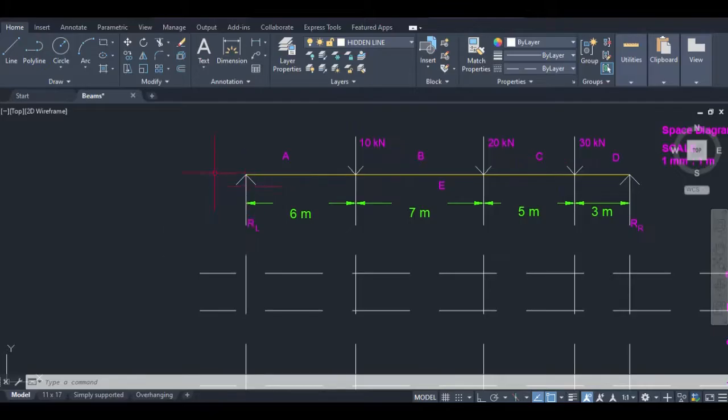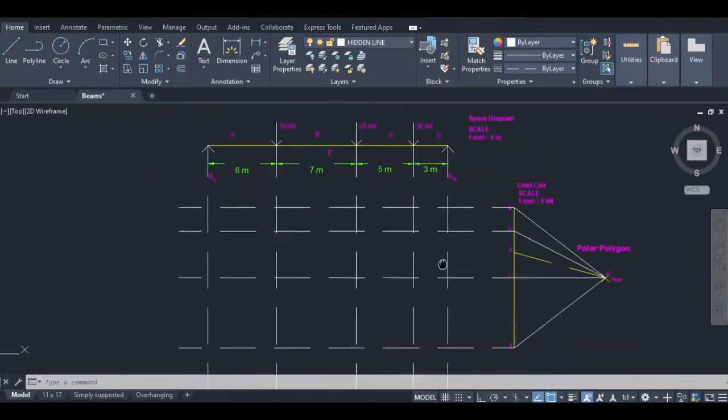Yes, it has that name, but what would the name be if we were to name it based on Bow's notation? Remember, we're going in the clockwise direction. So we see in the space, this is E, and then going clockwise, A. So this reaction by Bow's notation is EA. So this is reaction EA.